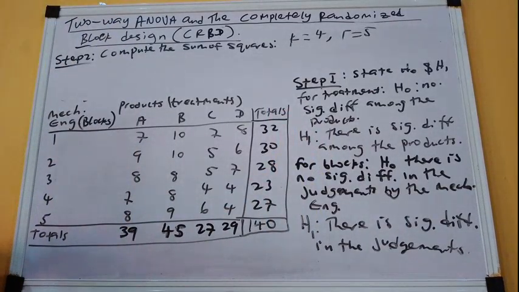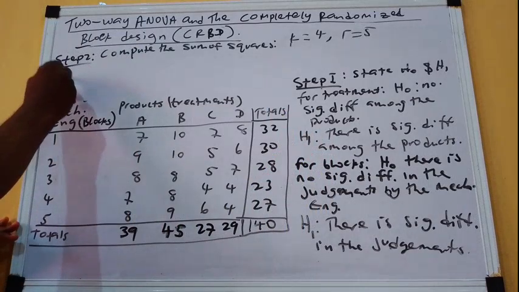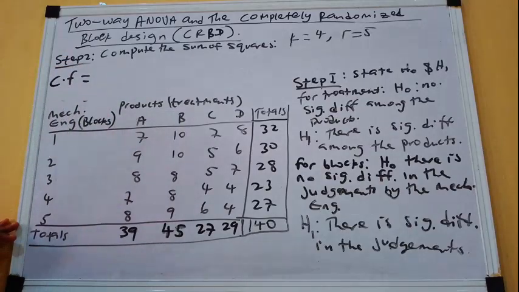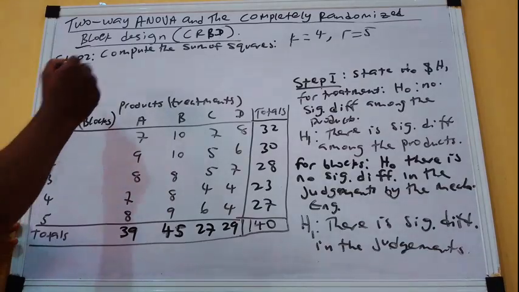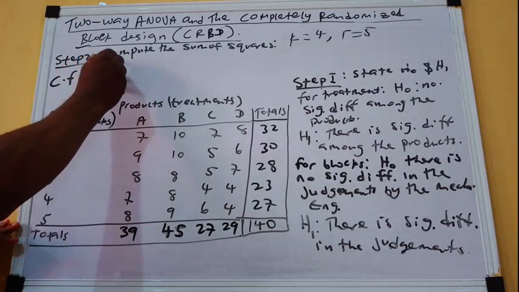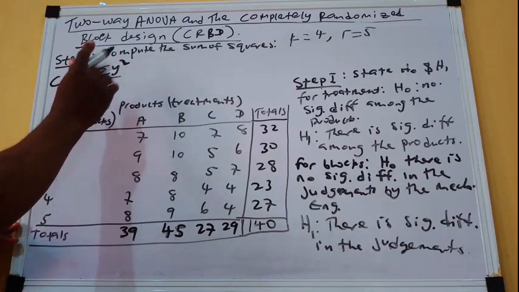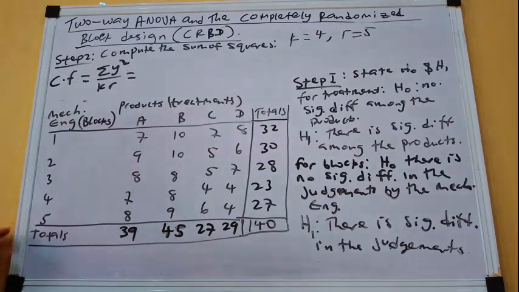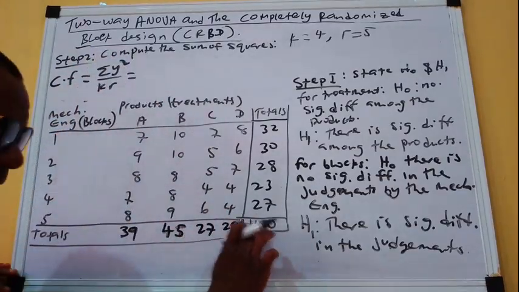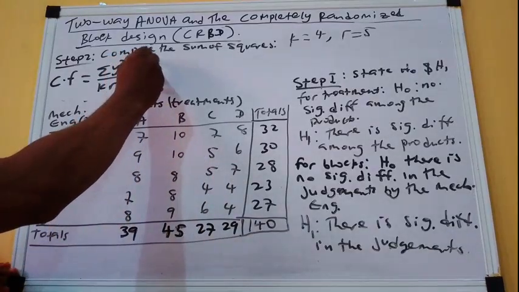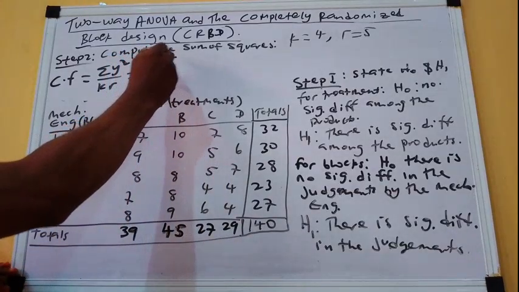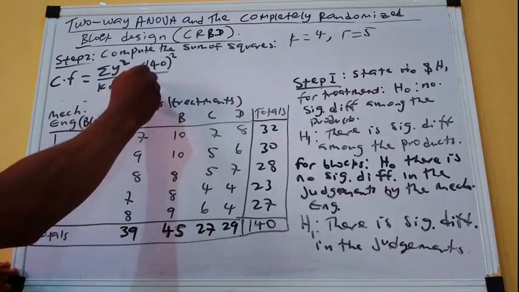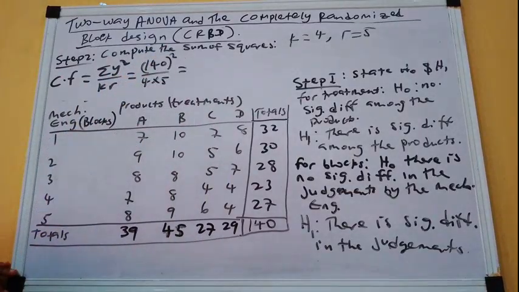So now the first thing is to calculate our correction factor. Our correction factor is summation y squared all over KR. Now this y is the grand total. So this will be 140 squared all over K, which is 4, times 5.